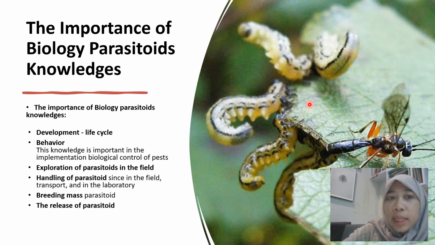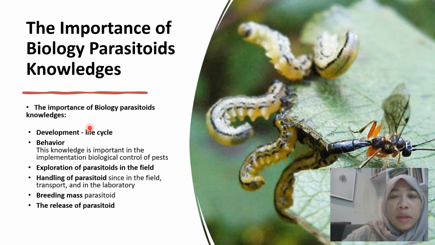We can breed the parasitoid in the laboratory, and after that we can release the parasitoid into the ecosystem. And what are the important things that we should do? We should know the life cycle of the parasitoid, and we should know the behavior of that insect.